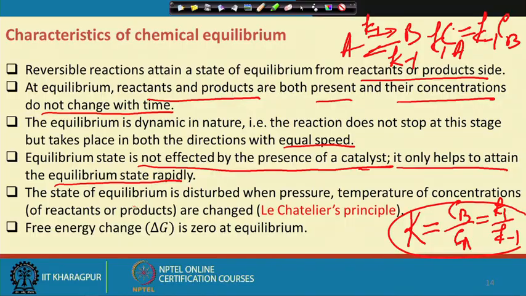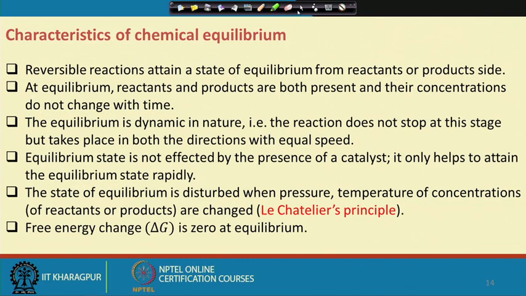The state of equilibrium is disturbed when the pressure, temperature and concentration of reactants and products are changed, according to the Le Chatelier principle. The free energy change is 0 at equilibrium. This I already explained in the last lecture.